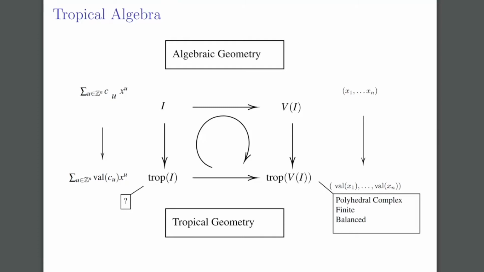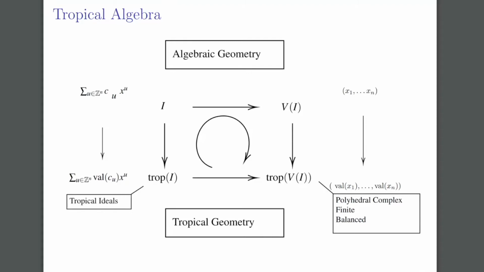There's something very special about the structure of my ideal I that gives me this structure. So we're concerned with what needs to go in this corner in order to ensure that I get these nice combinatorial properties. And it turns out that we do have a very good candidate for what should go here, and it's these things we call tropical ideals.